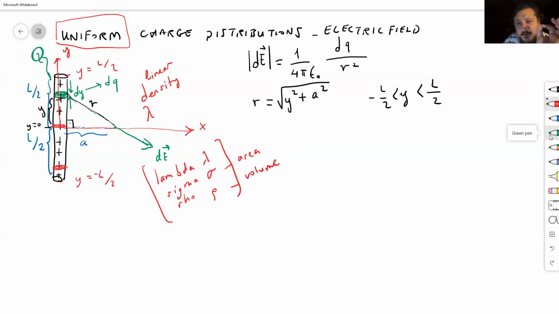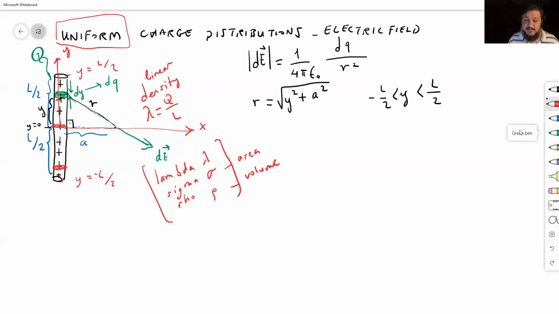So if it is a uniform charge distribution, lambda is simply the total charge divided by total length. Q over L, okay? If this was Q over L times Y, it wouldn't be uniform anymore, or Y squared, or sine Y. A function of Y would be enough to make this non-uniform. But in this case, there's no coordinate in it, so it is a uniform charge distribution. Simply total charge divided by total length.